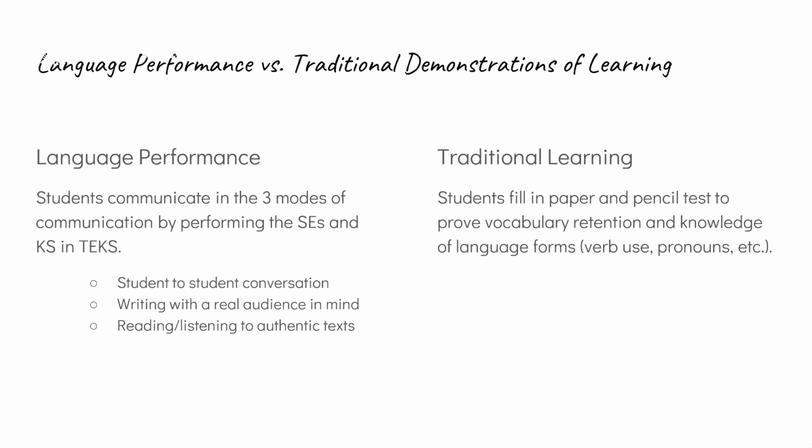That's language performance. Now, in a traditional world language learning setting, students probably filled in a paper and pencil test to prove that they knew vocabulary words and that they could manipulate language forms or structures like verb tenses, endings of adjectives, adjective word order, these types of things, okay? That's traditional learning.